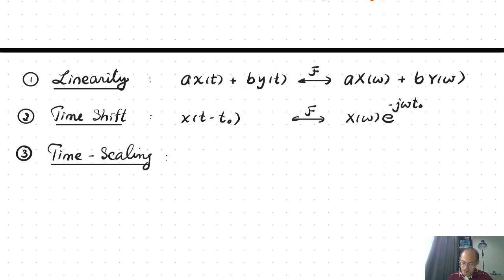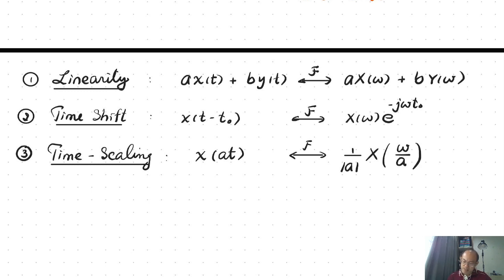Time scaling states that if you do the time scaling of a time signal x of t by multiplying the t by the constant a, where a is not equal to 0, then its Fourier transform pair would be 1 over the absolute value of a times the Fourier transform of x, now at omega over a.